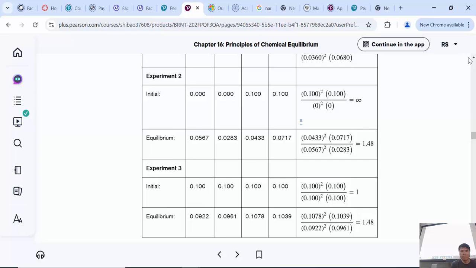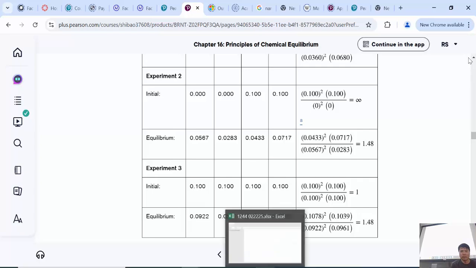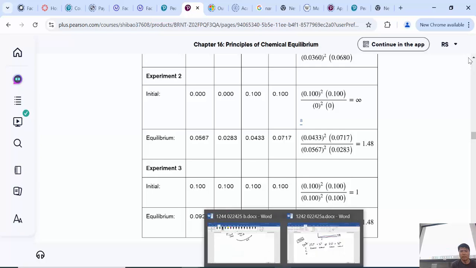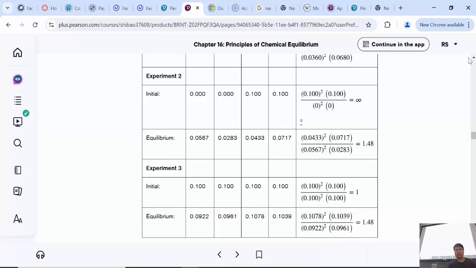We end up with 922, 961. Just copy this.